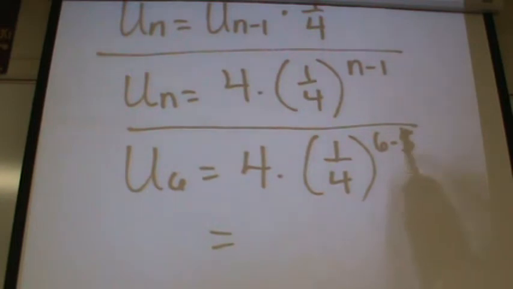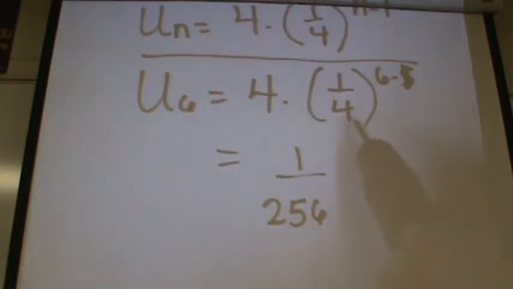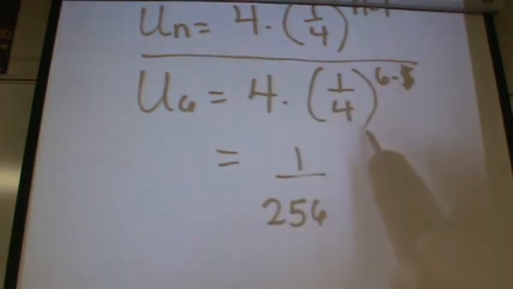And the answer for number 11 is 1/256. You could just go 4. One of these 4s is going to cancel. You've got 4 to the 5th power. So if you want to think of it that way, 4 times 1/4, this is to the 5th power.